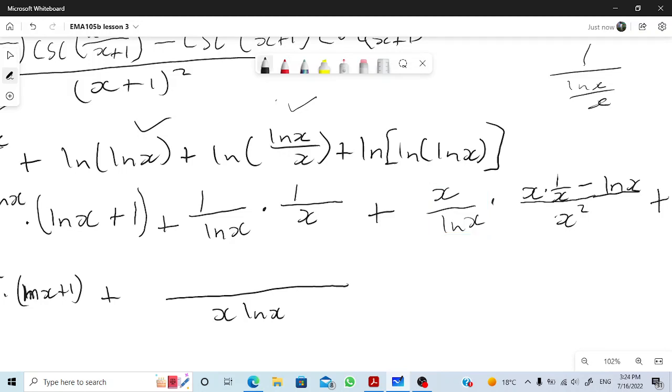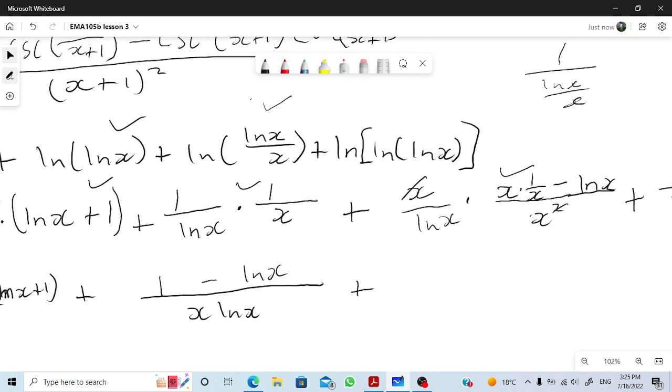Now this x will cancel the squared, so the denominator also becomes x ln x. Now this will result in 1 because it's x multiplied by 1 over x. It would be 1 minus the ln of x. Now plus, I'm done with this, I'm done with this, I'm done with this.